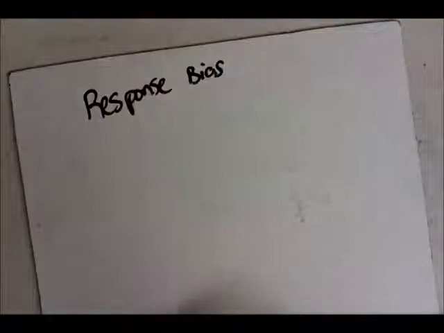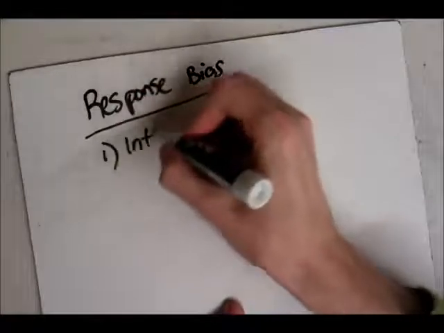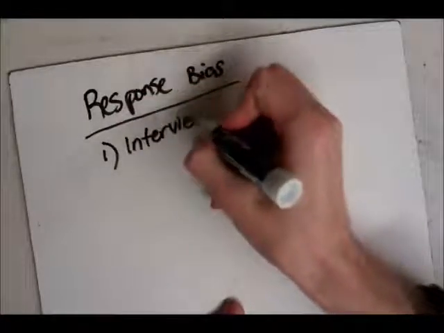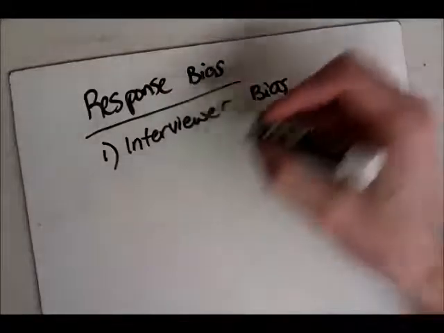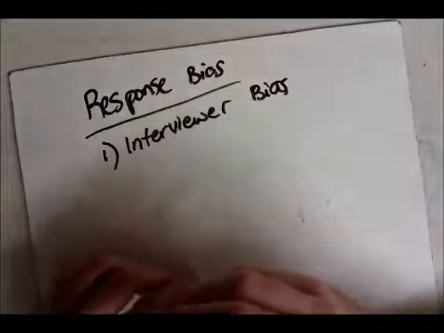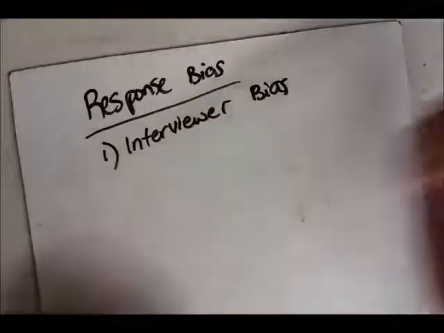So for example, two of the biggest ones here would be interviewer bias, and this one is probably your fault as well. This is where the person who is giving the survey might cause the results to go one way or the other.